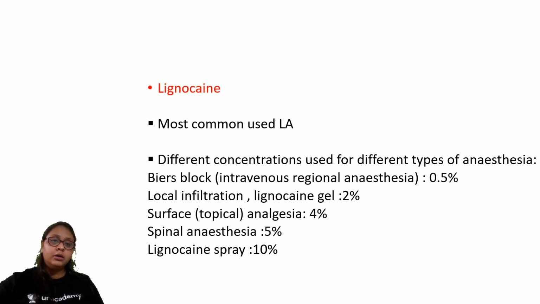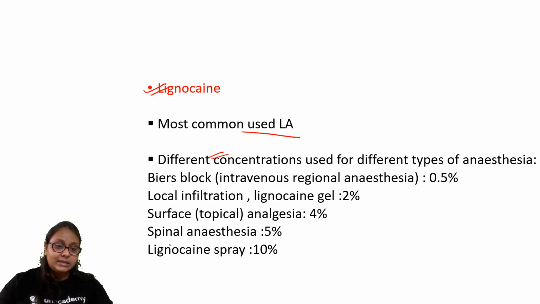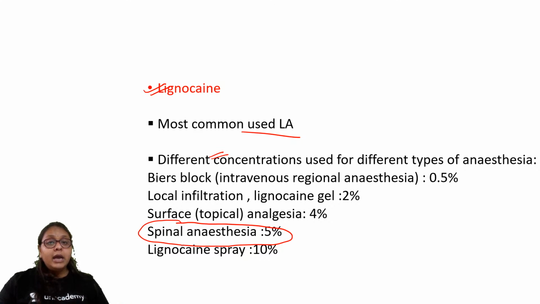What about lignocaine? It is the most commonly used local anesthetic. Different concentrations are there which are used for different types of anesthesia. For example, for spinal anesthesia, remember it is 5%, but the lignocaine jelly, which we use for topical application, contains 2% of lignocaine.